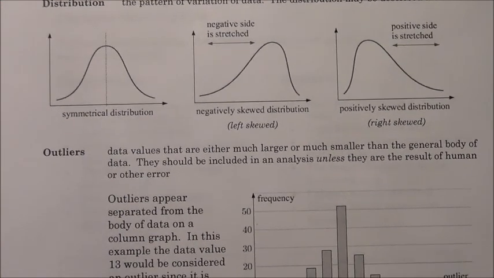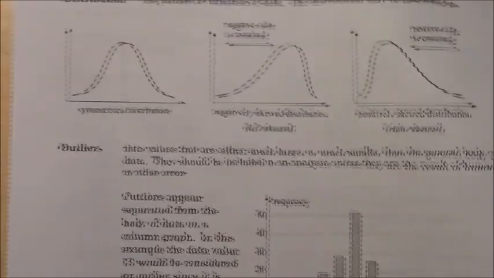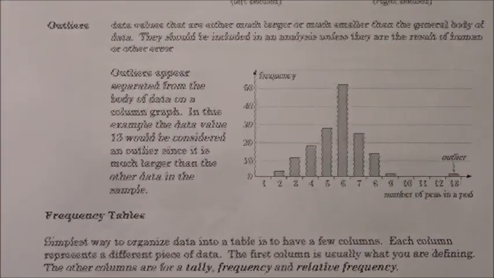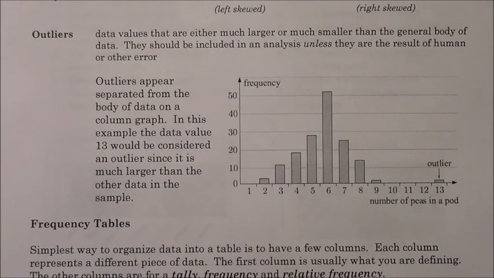There are, of course, then outliers, and outliers are data that are either much larger or much smaller than the general body of data, and it's still included unless it's the result of human error or some other sort of error. If there's no error in the collection of the data, then even though it's an outlier, it'll still be included in the statistical compilation of data and the analysis of the data.